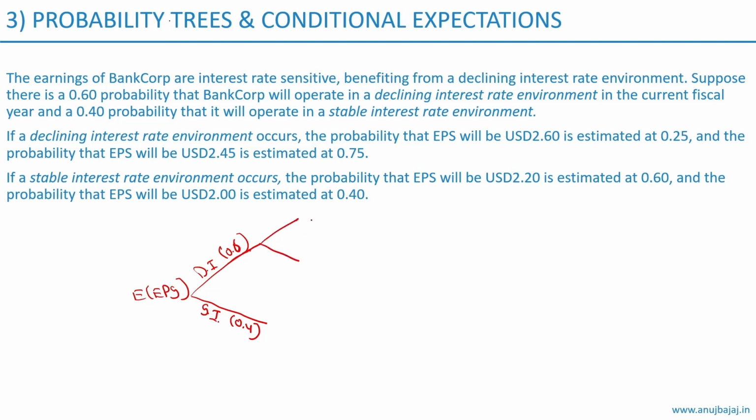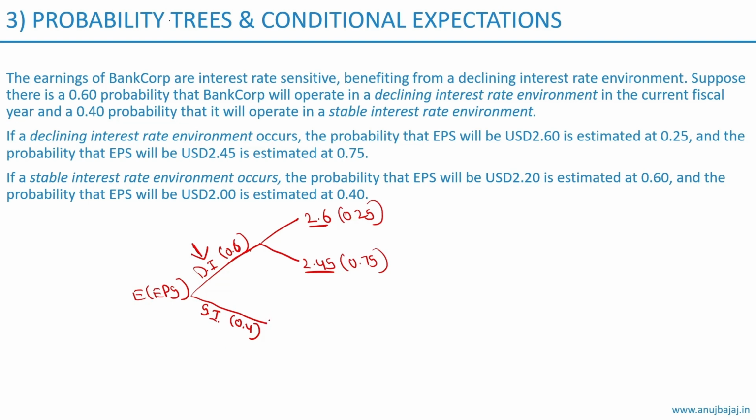The EPS could be $2.60 or it could be $2.45, and the probability that the EPS will be $2.6 given that we are operating in a declining interest rate environment is 25%, and the probability of the outcome being 2.45 is 75%.